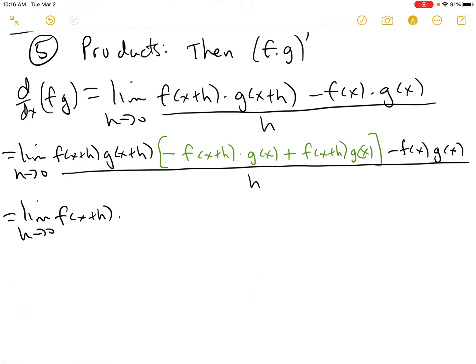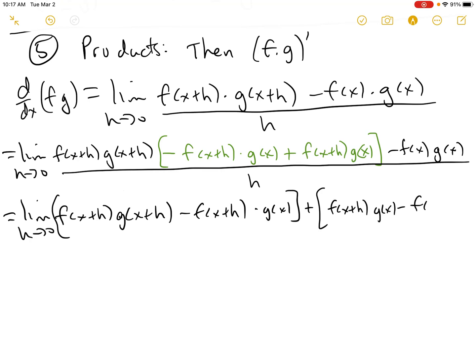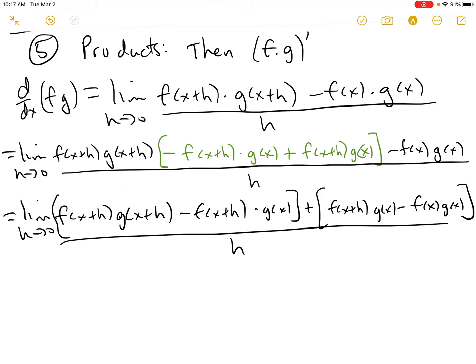F of x plus h times f of x, g of x plus h minus f of x plus h times g of x, plus f of x plus h g of x minus f of x g of x all over h. So I moved the parentheses around.